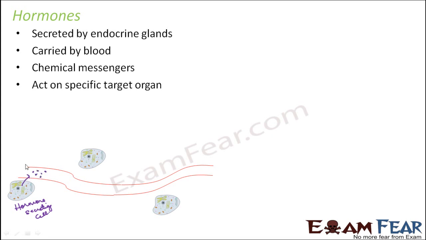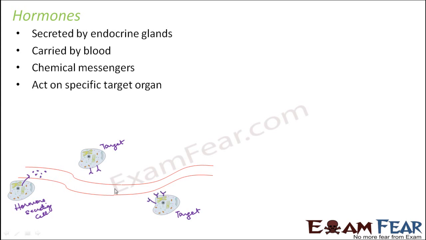For example, let us suppose these dots represent hormones. And let us suppose these are the target cells. This is a target cell. It is not necessary that all the hormones will target one particular cell. Each of them might target different cells. Now these target cells will have something called target receptors or target tissues.